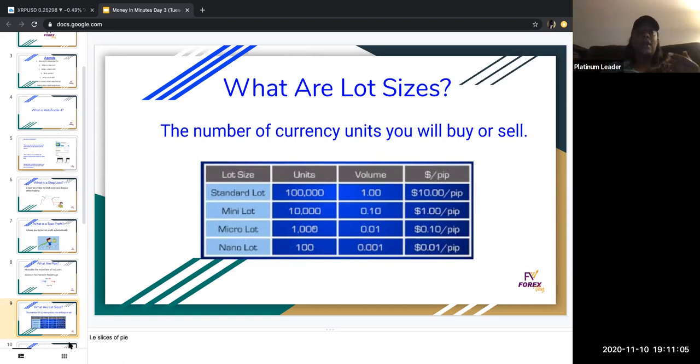So say for instance, I use a micro lot and I only got 30 pips. So that means I'm going to make $3 pretty much. Or if you got a mini lot size, I'm wrong. No, that's 30 cents. I'm sorry, guys. Well, it depends on the pair. That's what I'm saying. All of it depends on the pairs that you're using, because indices are more, and even gold and the rest of them are more.